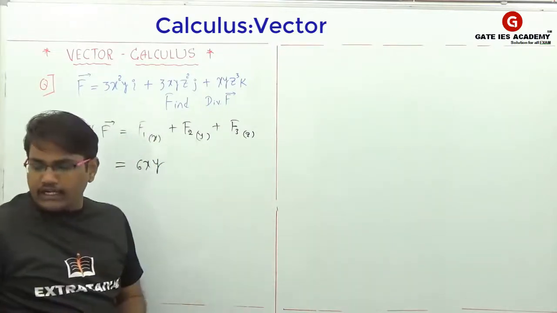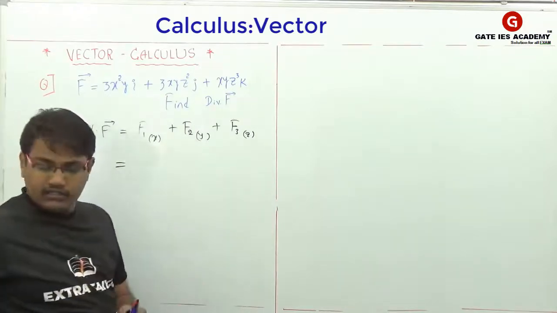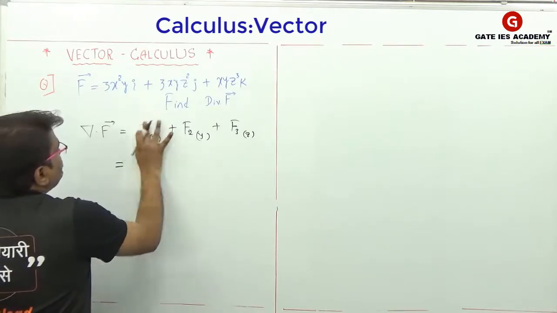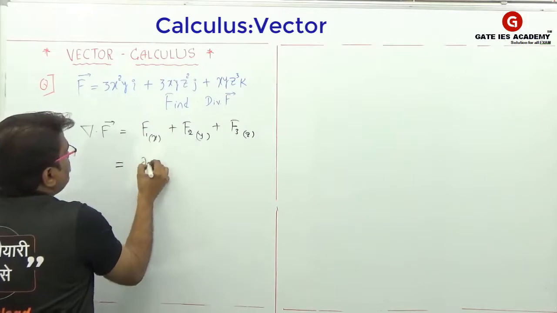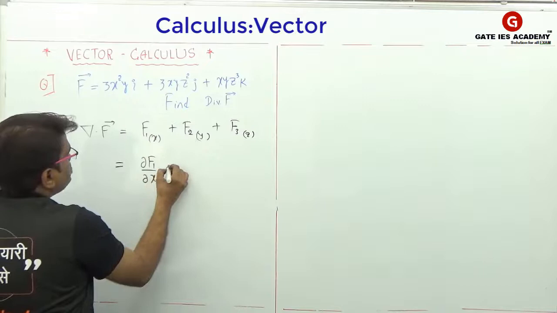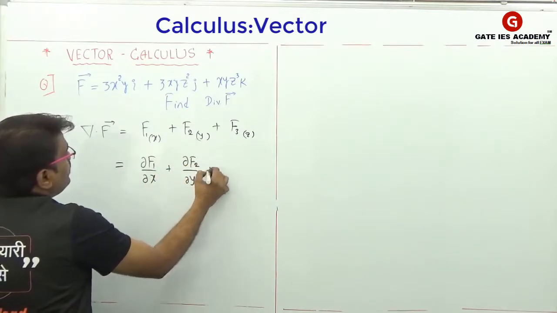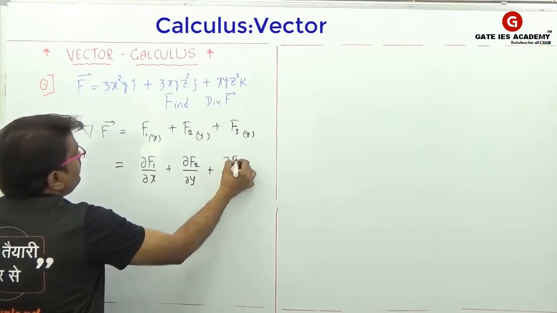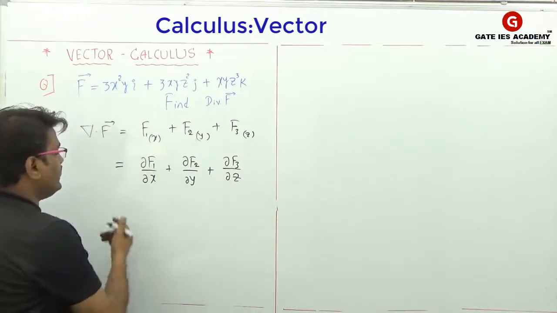If you don't understand that directly, then I will write it in a very understandable manner. That is, dou f1 divided by dou x, plus dou f2 divided by dou y, plus dou f3 divided by dou z. You can write like this.